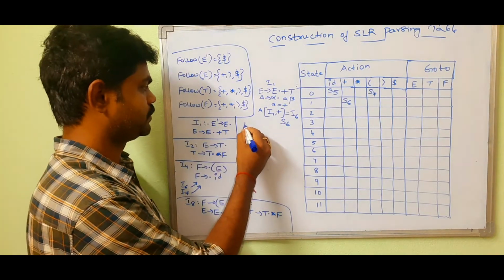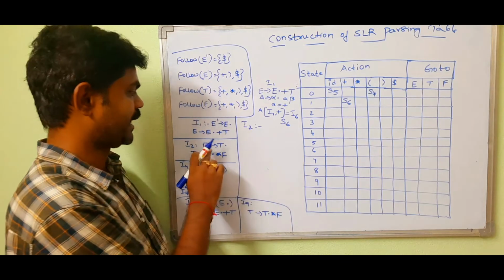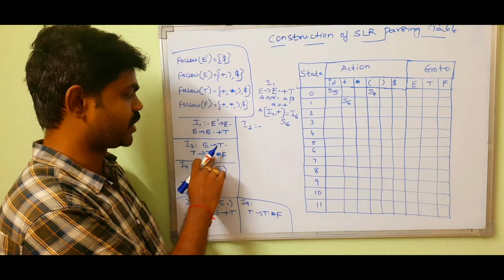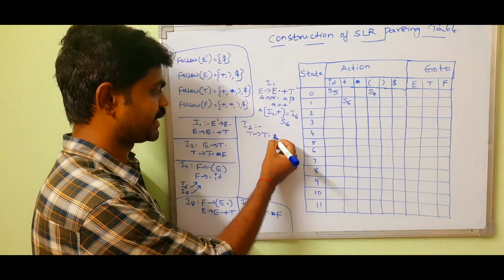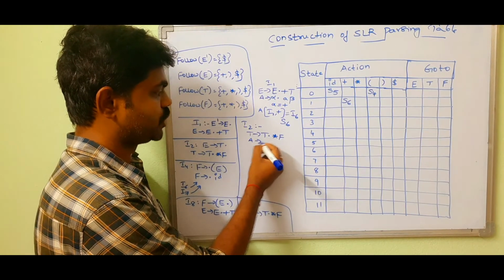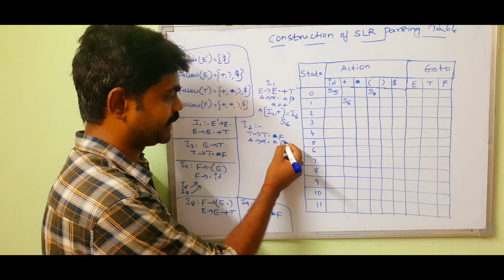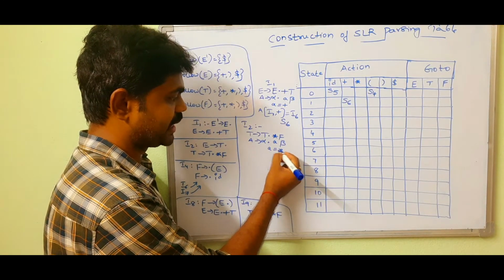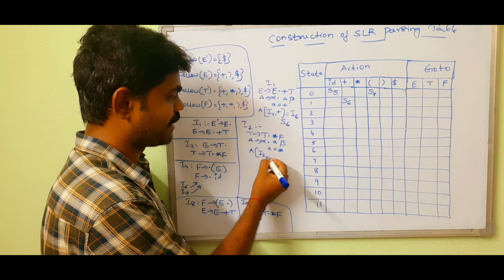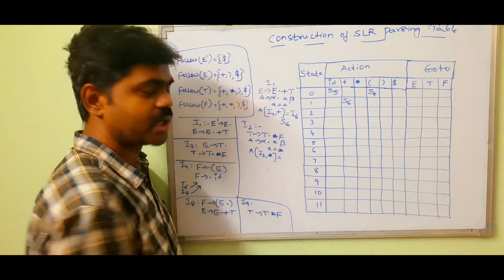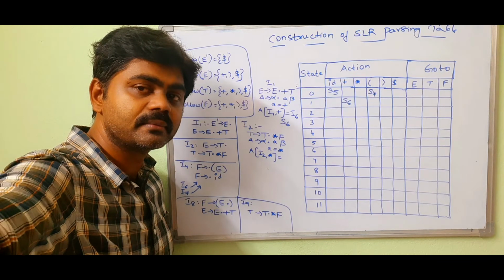Next is I2. In I2 we have T tends to T dot star F, A tends to alpha dot A beta where A equal to star. So action of I2 comma star: where are we going?